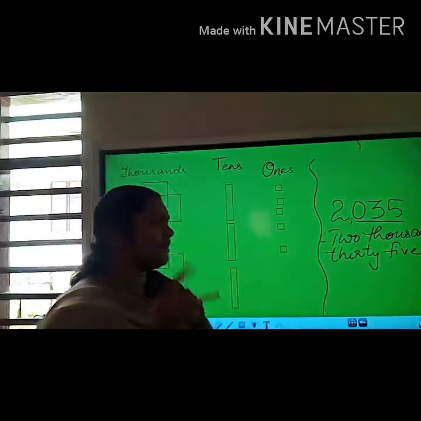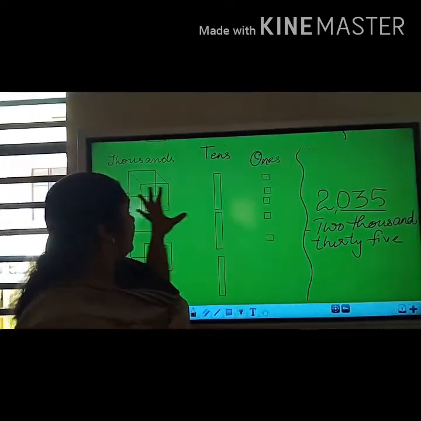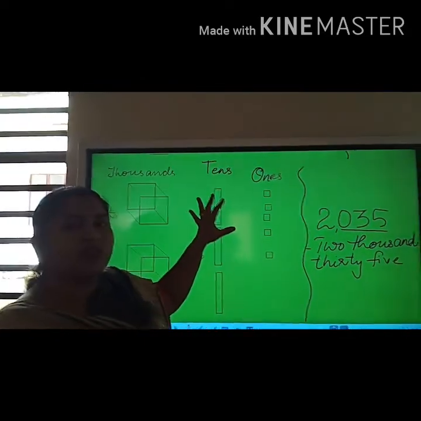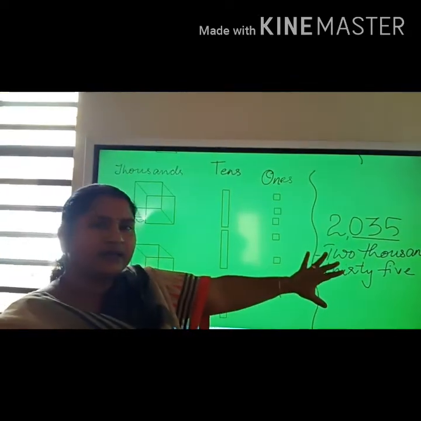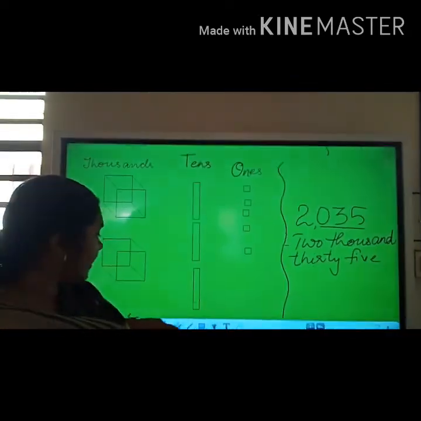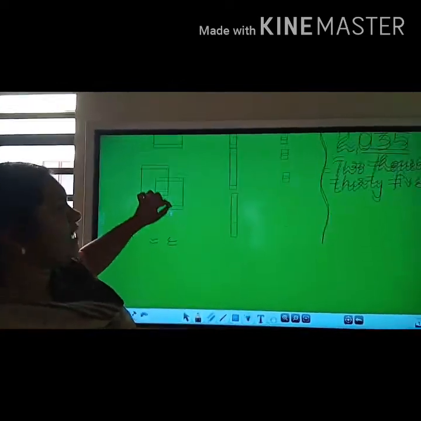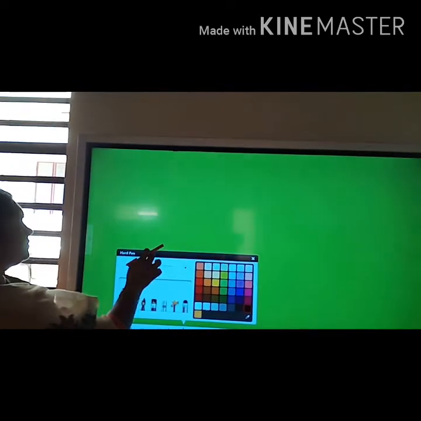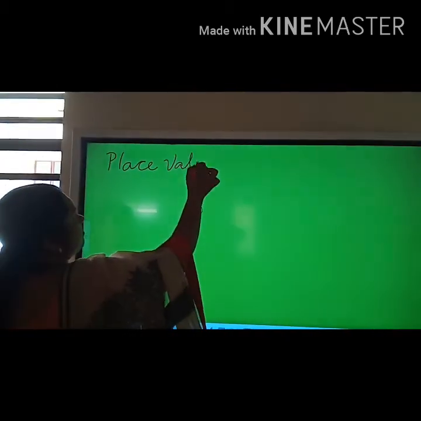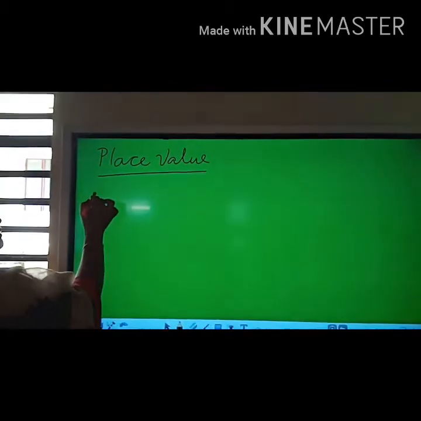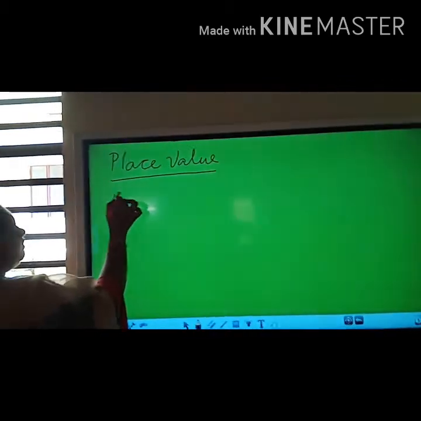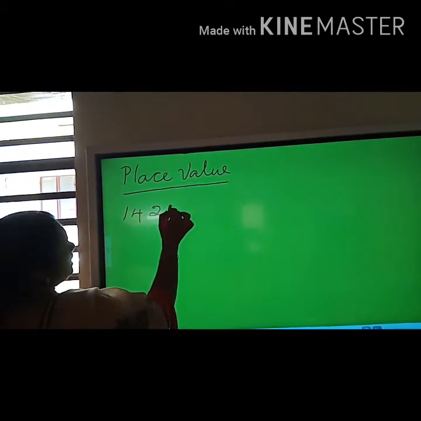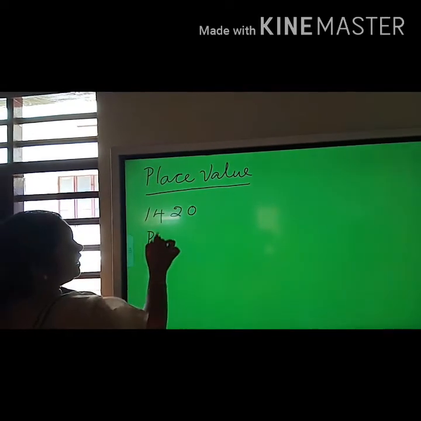So, is it clear, children, about the pictorial representation of the places and the number? Now, we have already studied place value in the last video, but we have to recollect once more. Just have a look. Place value. One number is given, 1420.